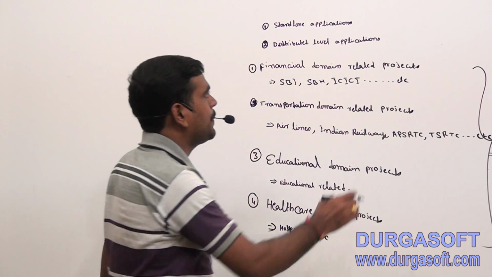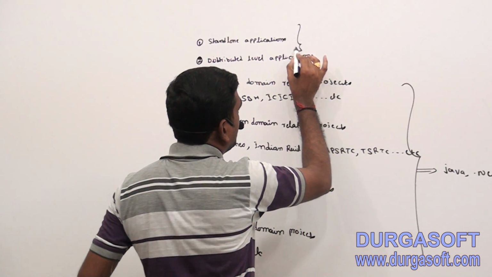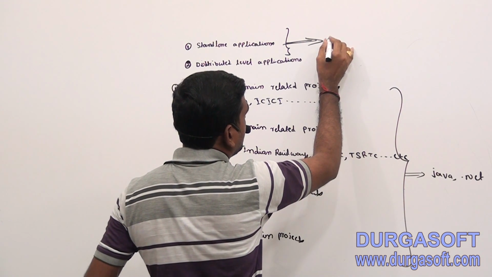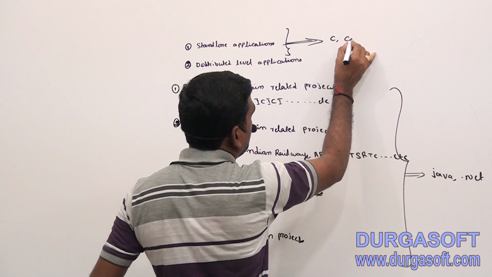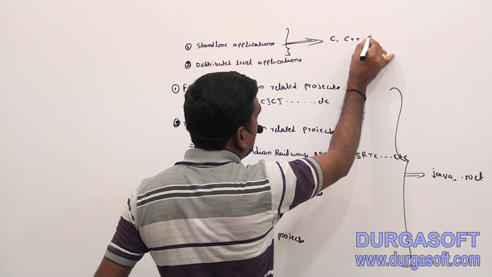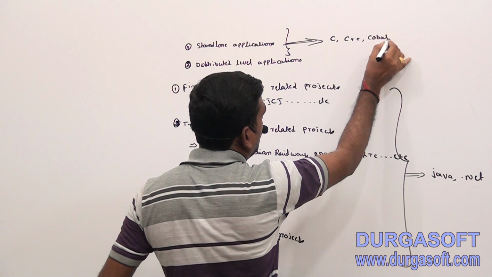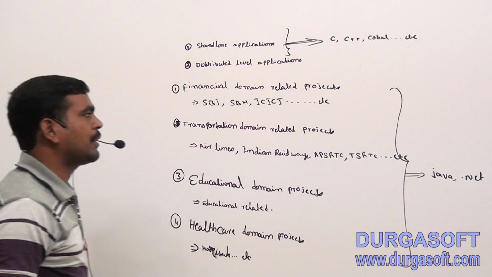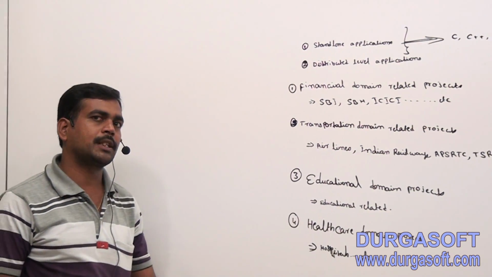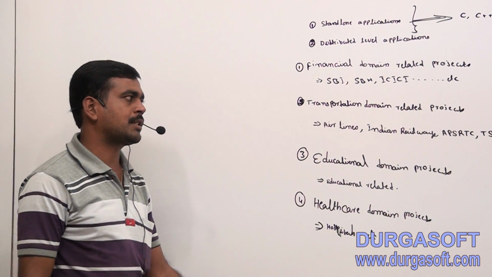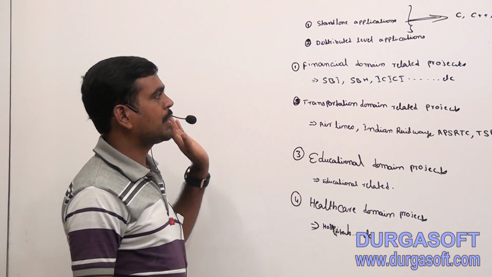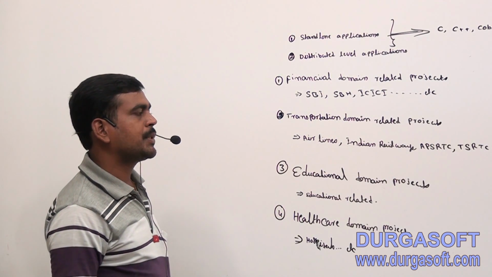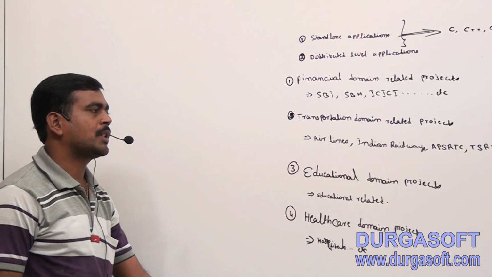If we want to develop standalone applications, structure oriented programming languages are enough: C, C++, COBOL, etc. Structure oriented programming languages are enough if you want to develop standalone applications. If you want to develop distributed level applications, we must take object oriented programming languages.